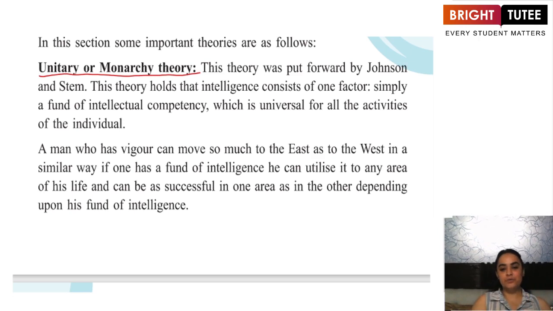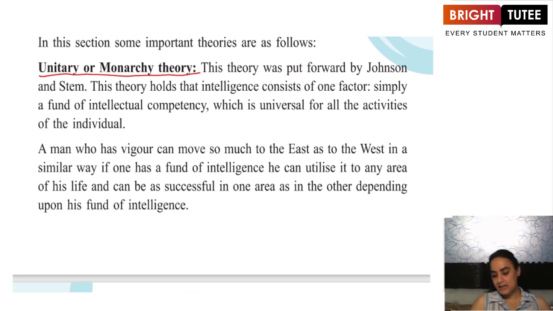Now this theory was put forward by Johnson and Stern, and they believed that a person who is capable, who is intellectually competent, that means whose brain is very smart and intelligent, is universal for all the activities that one can think of.